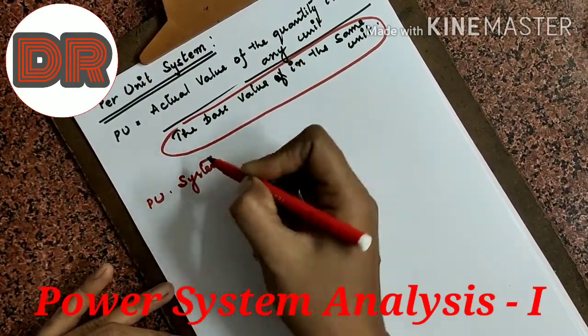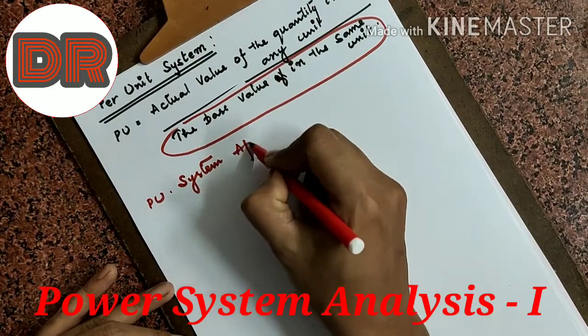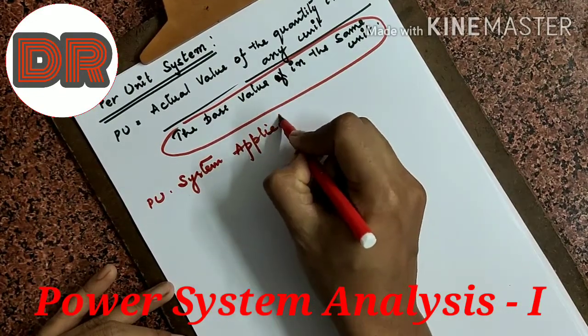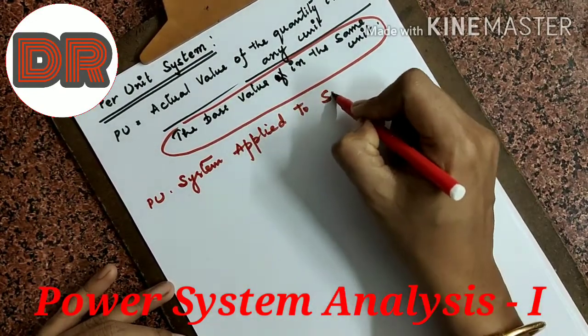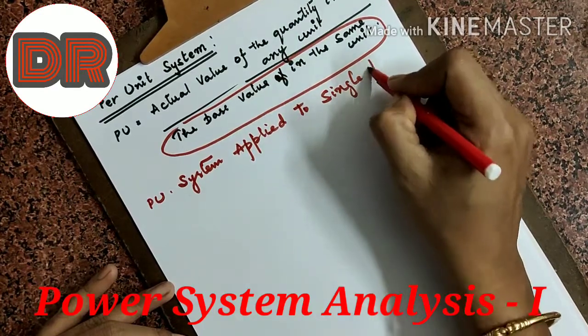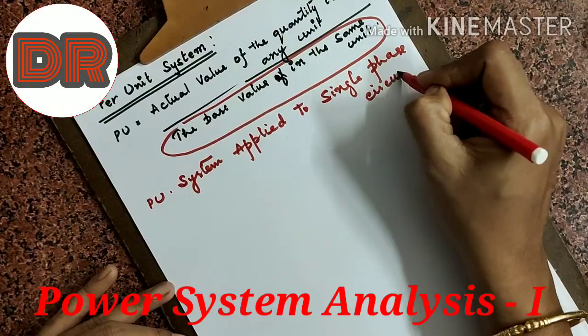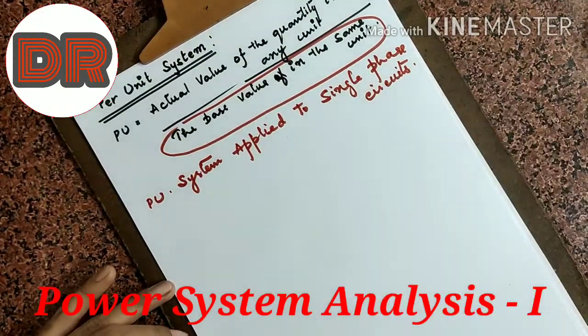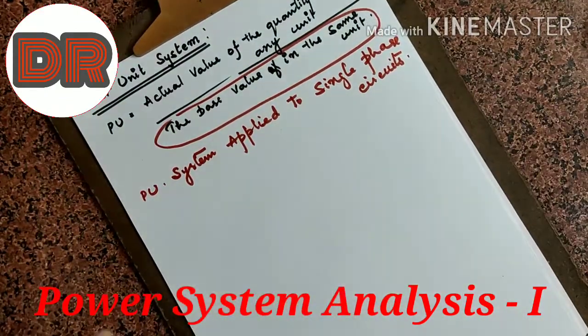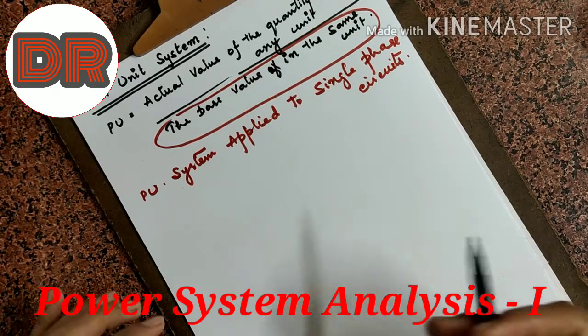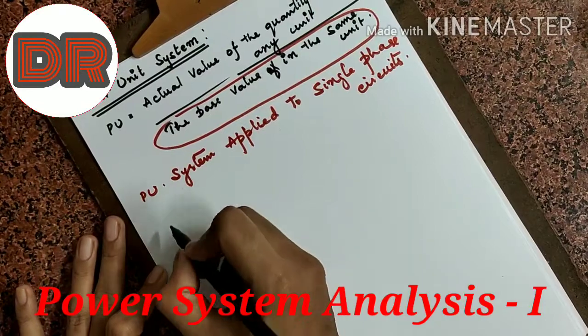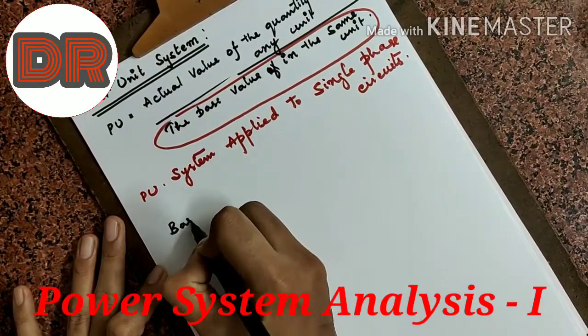PU system or per unit system applied to single phase circuits. Now in a single phase circuit, let me take the base volt amperes as VA base.